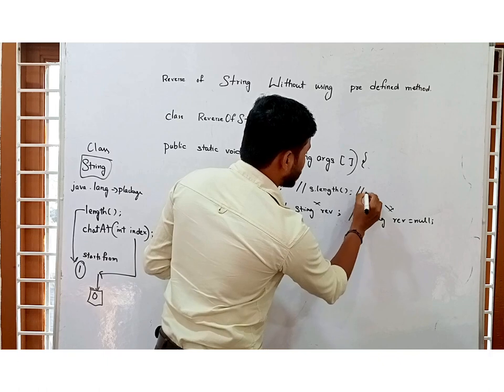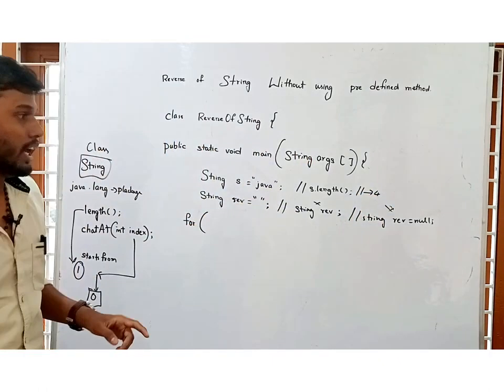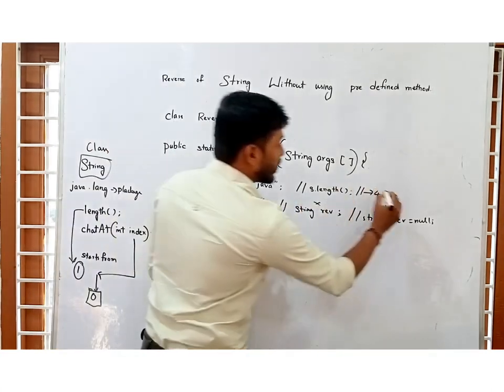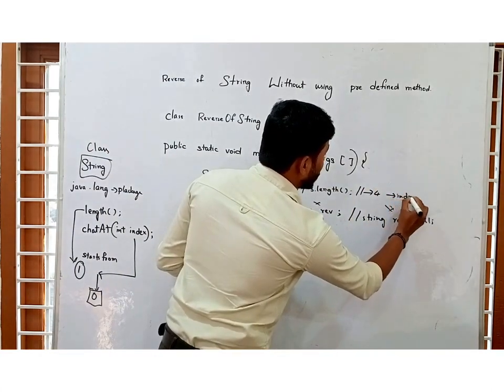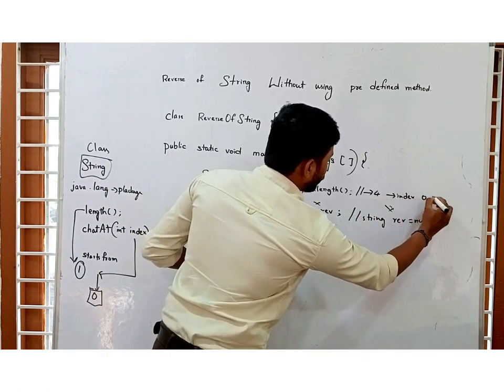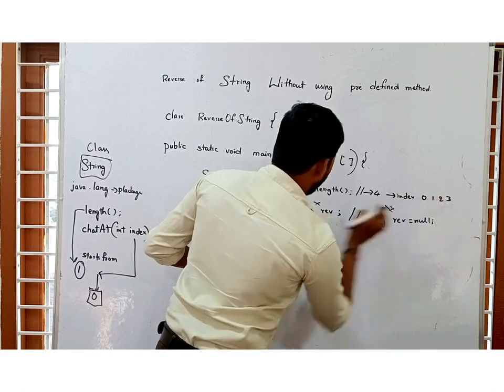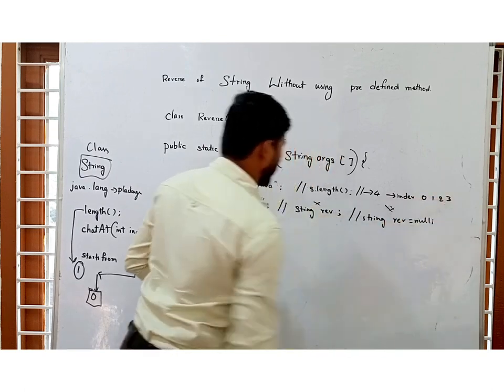Now the length answer is 4. And coming to the indexes, it will start from 0, 1, 2, 3. So length is 1, 2, 3, 4, and index is 0, 1, 2, 3.